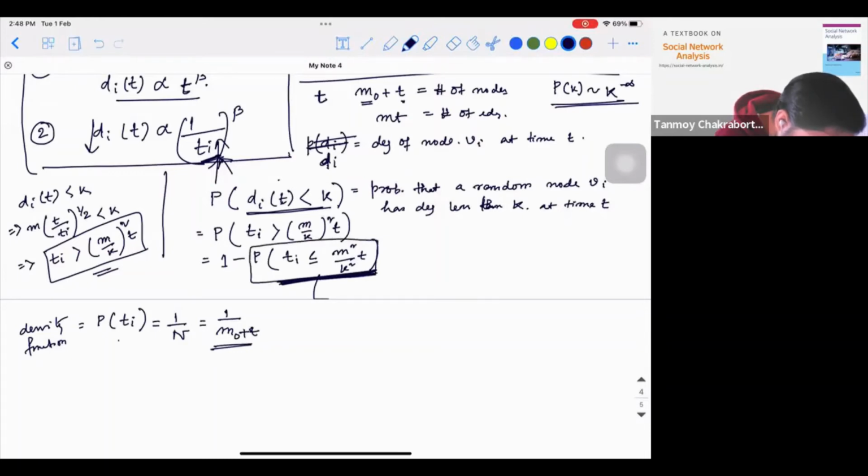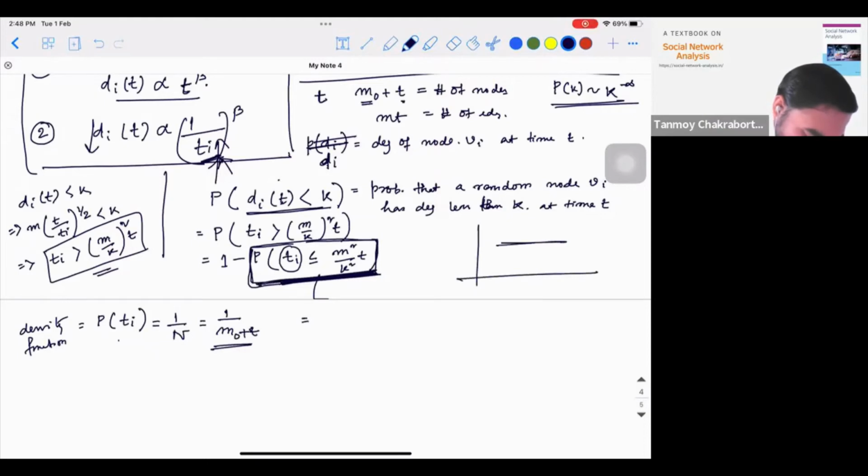Is it essentially cumulative? If P of ti is uniform, then what is the value of this one? Any idea? It's uniform, and we are interested in this range.